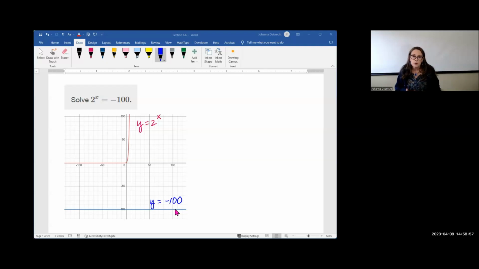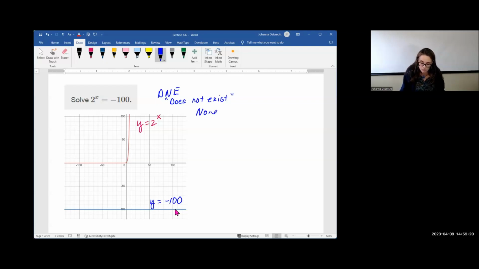This brings up an important point, which is that not all exponential equations have solutions. This is one that has no solution. So you can write DNE, which stands for does not exist. There is no solution. So we write DNE.